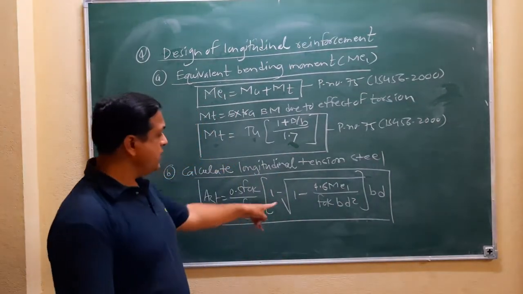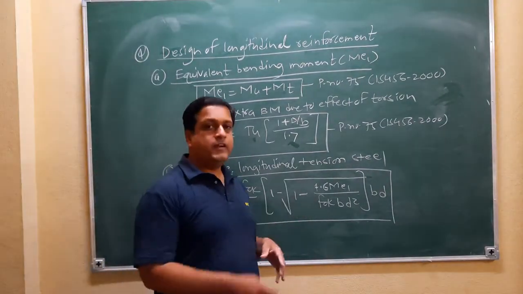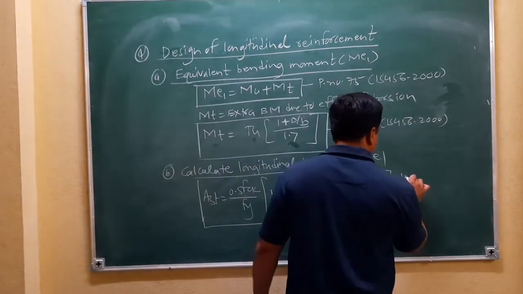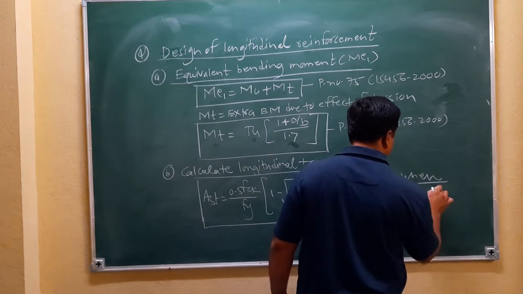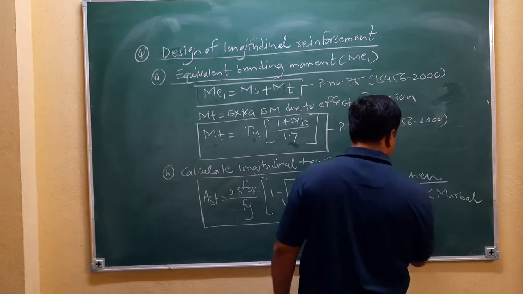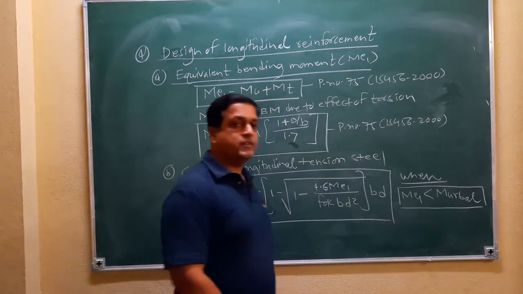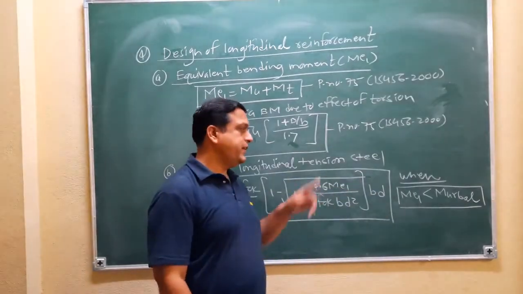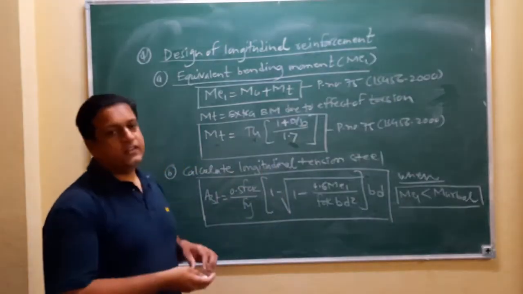So use this formula. This formula is used for the under reinforced section. That means when the value of ME1 is less than MU R balance, then you use this formula to find out the steel.